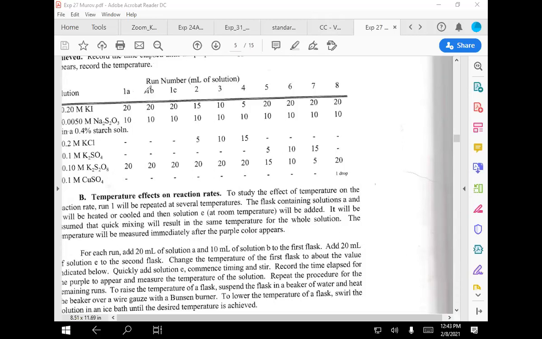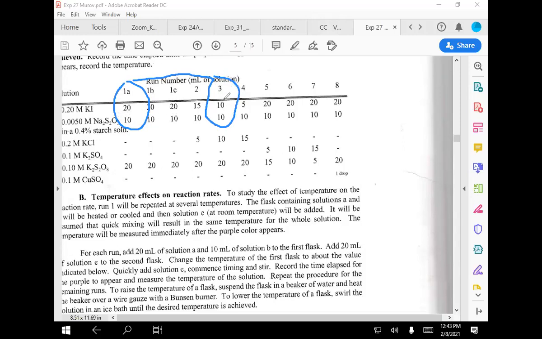Okay, so this first one, 1A, 1B, 1C, we're holding everything constant. This is going to be similar. Let's compare 1A to test tube 3. Okay, so the S2O3 is constant.